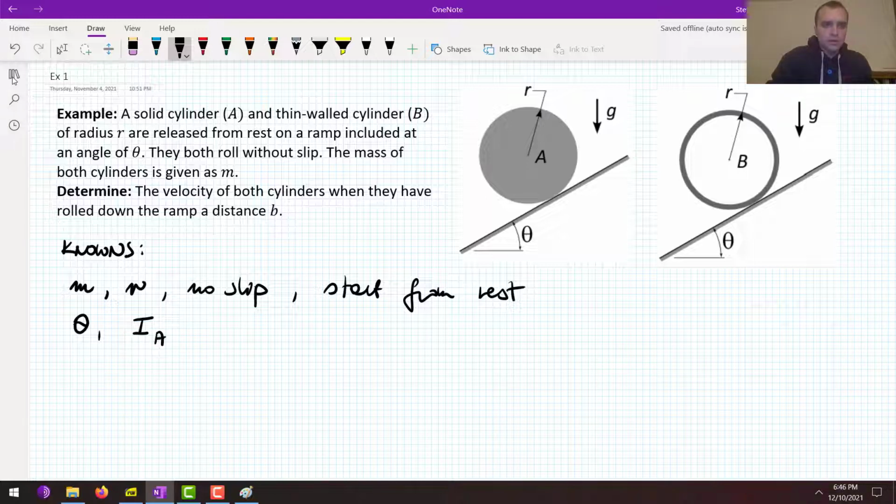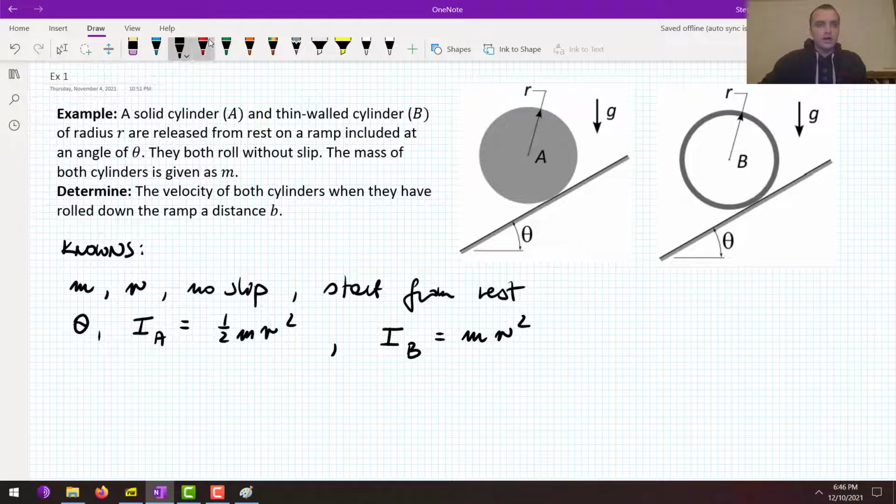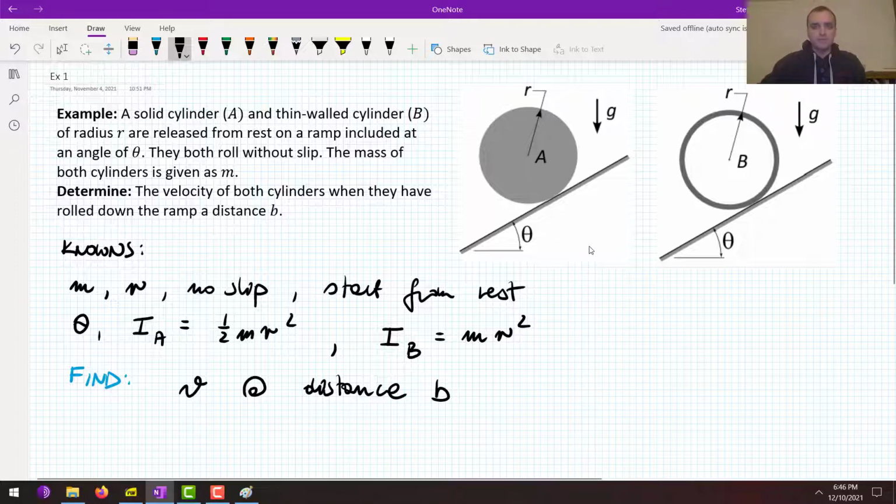IA, if I remember correctly, is 1/2 mr squared, and if you look at the equation page, you will find that the moment of inertia of a ring, so IB, will be mr squared. They ask us to find the velocity of each of them at distance b. I will define the distance b in a second.